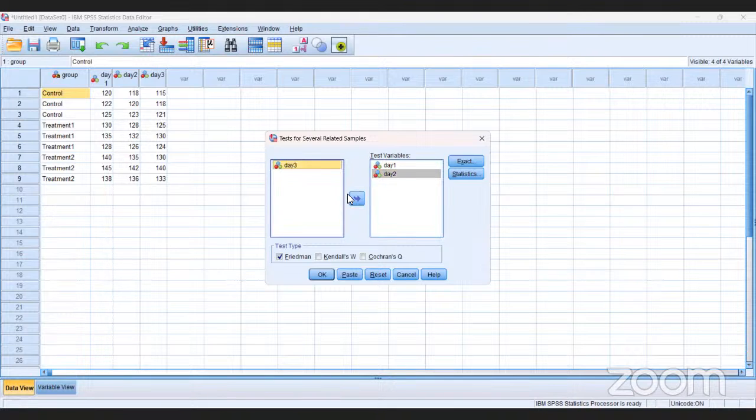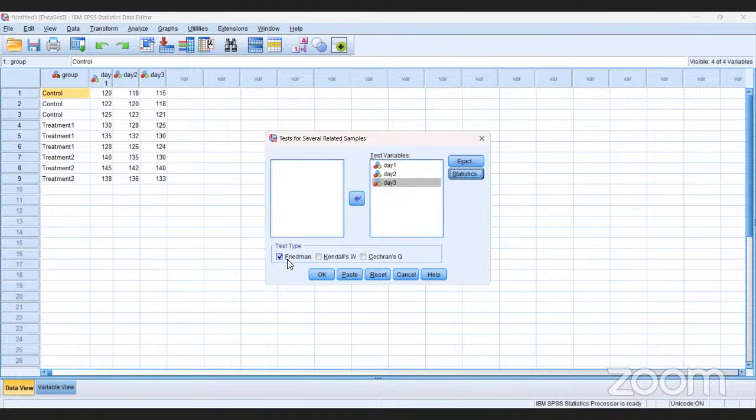Yes, sir. Okay. Day 3. And after that, you have to click the statistics, that is the descriptive statistics. Continue. And next is the Friedman test.